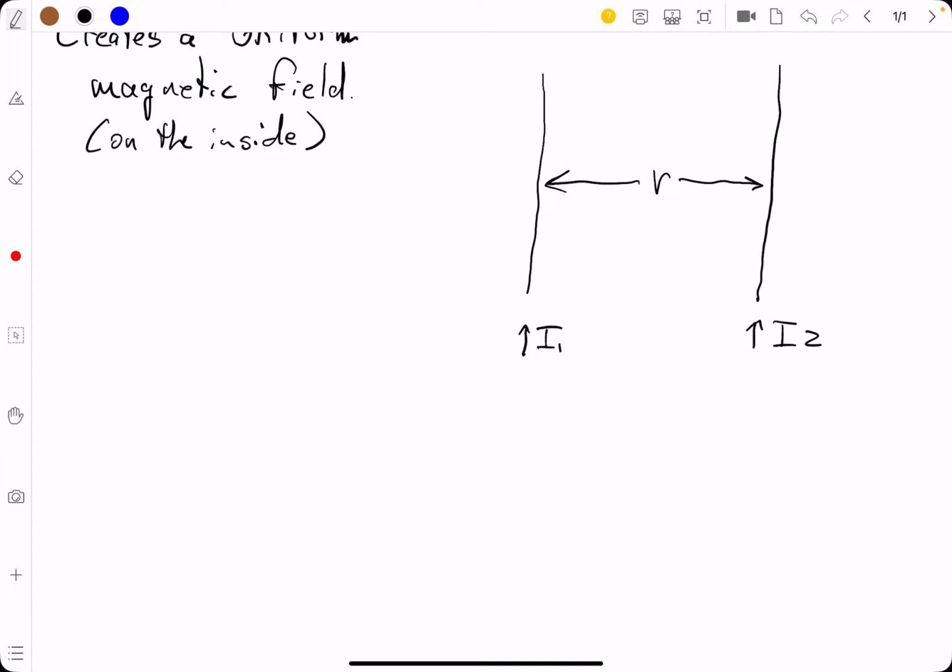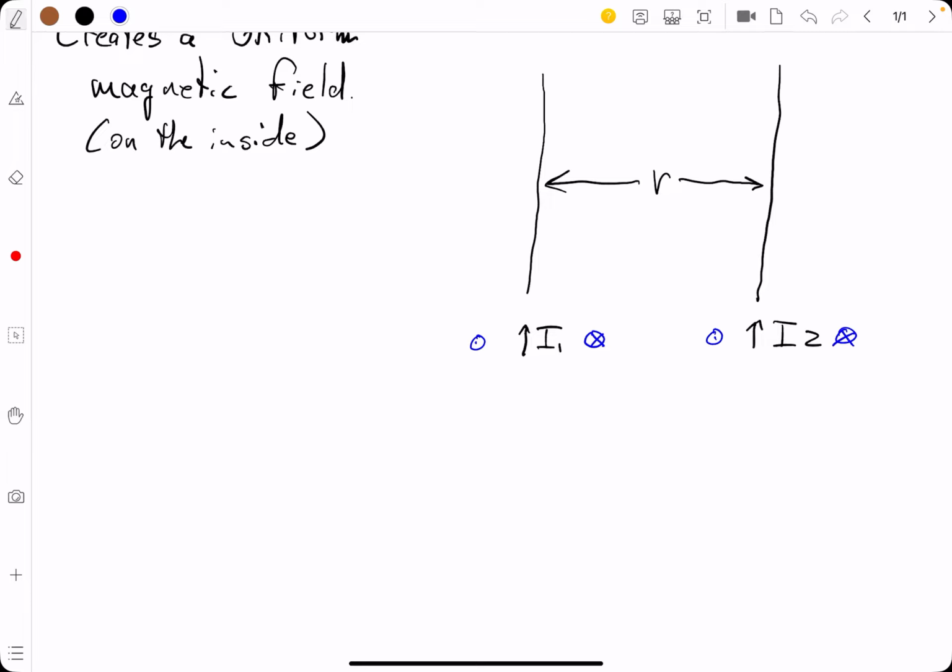And so you can go through and you can figure out, what is the B field for this thing? So you put your thumb along I, you curl your fingers, this goes into the page, this goes out of the page, this one goes out of the page, this one goes into the page, on each side of the wire. And then, of course, we're not talking about the top and the bottom.